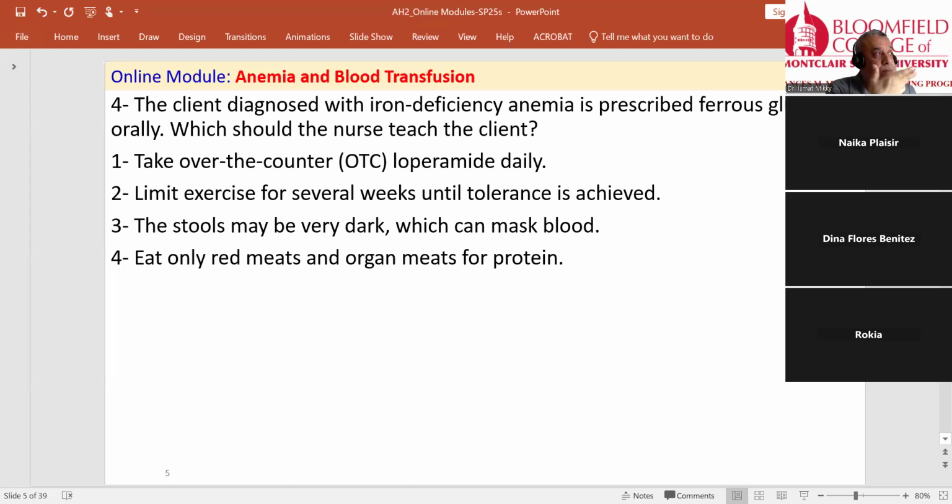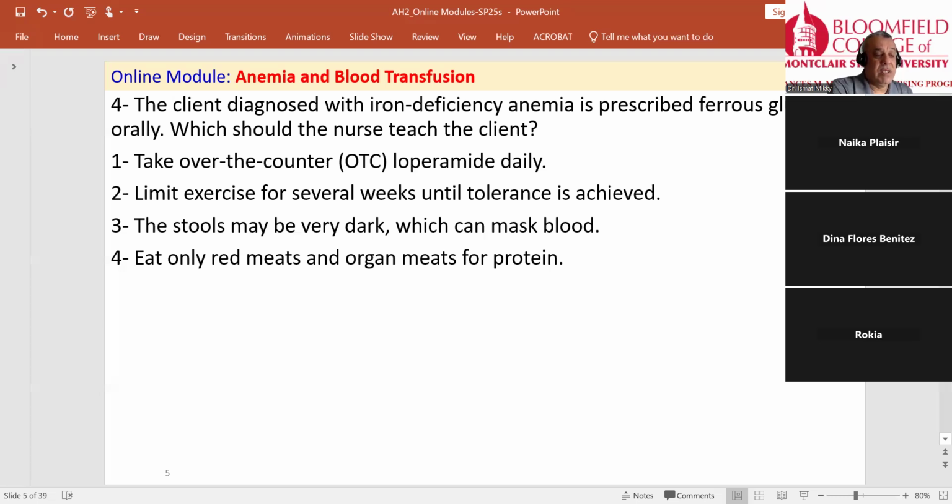We learned also about this in the previous GI content or chapter. Patients with peptic ulcer disease, when they develop melena and rectal bleeding. Is it 3? Right.